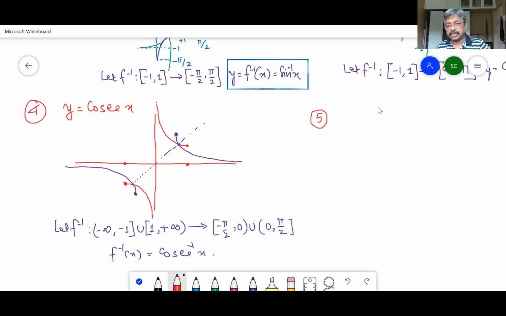So complete this 5 and I will draw 6 for you. I will draw 5 also later on. 5 and 6 you yourself complete, and then maybe make a table of sine inverse, cos inverse in the first column, domain in the second column, and range in the third column. Let us complete this activity.